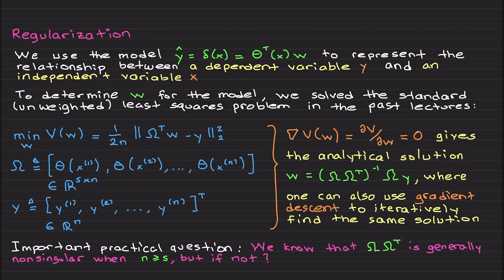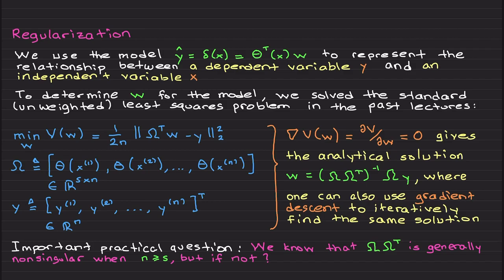So we basically set the gradient of v with respect to w, dv over dw, to 0, which gives us the analytical solution that we found over the last few lectures for parametric or non-parametric regression, where you can also use gradient descent to iteratively find the same solution.